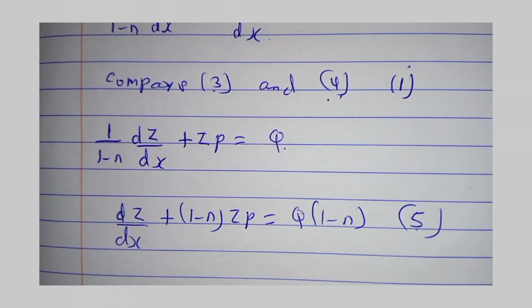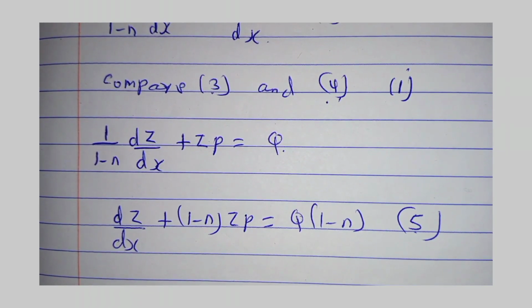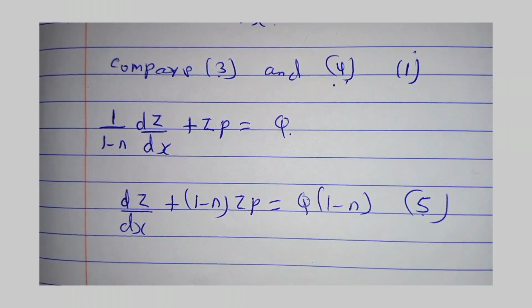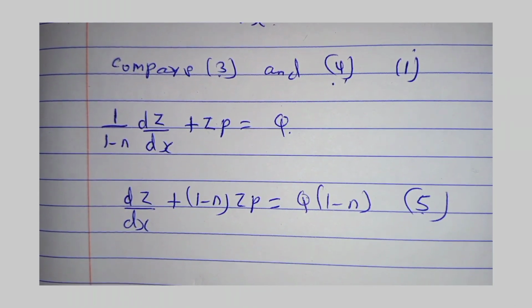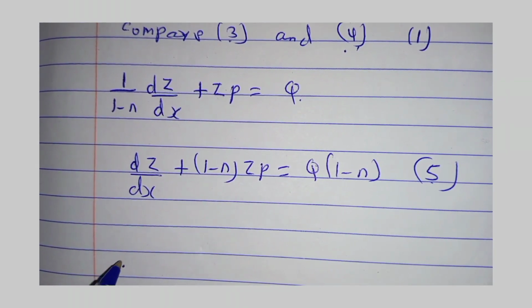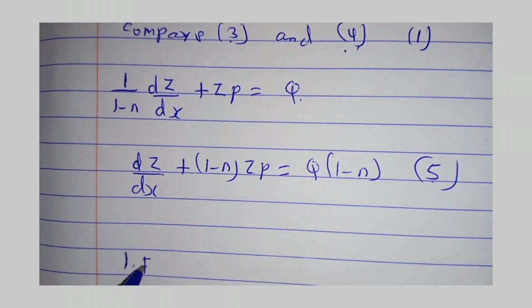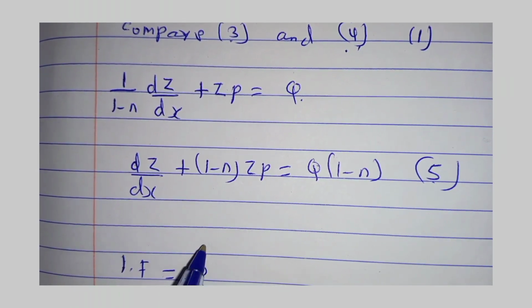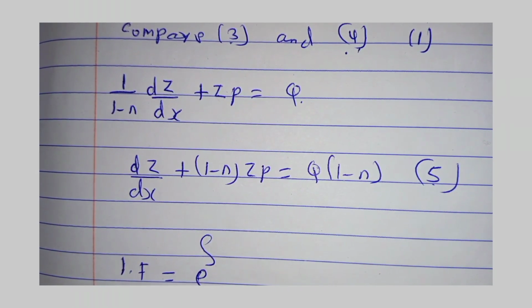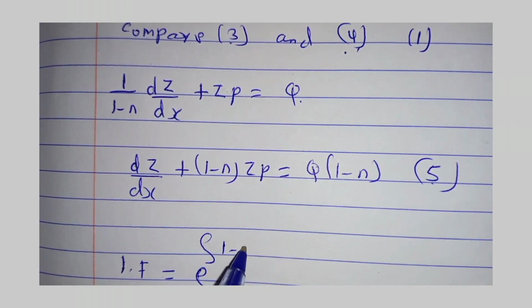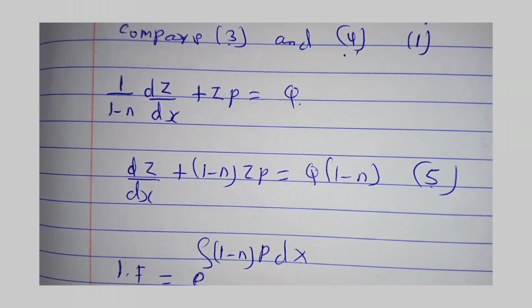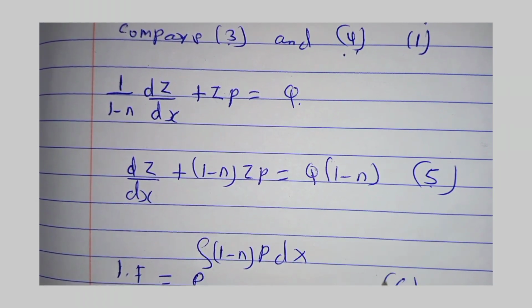So now equation 5 is a linear equation of first order, and the integration factor will be given by e raised to the integral of (1-n) p dx. We call this equation 6.